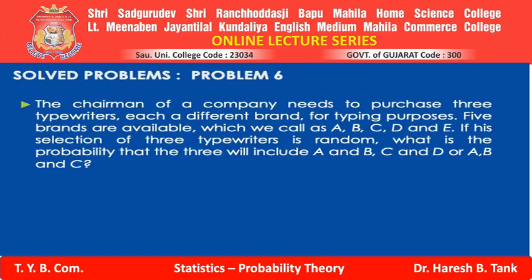Next example. A chairman of a company needs to purchase 3 typewriters, each of a different brand, for typing purposes. 5 brands are available, which we call A, B, C, D and E. If his selection of 3 typewriters is random, what is the probability that the 3 will include A, B and C, or A, B and D, or A, B and C?